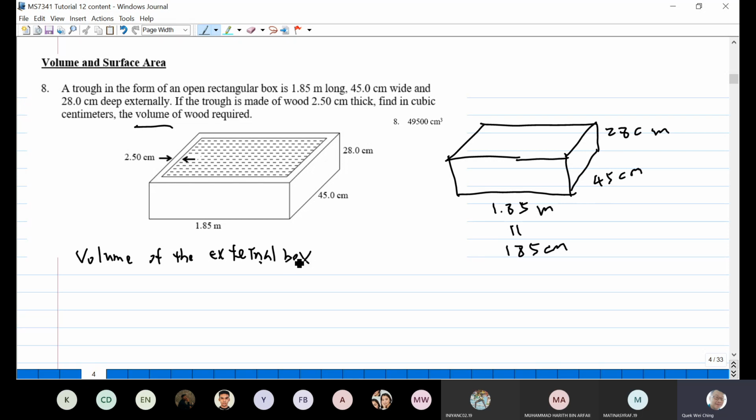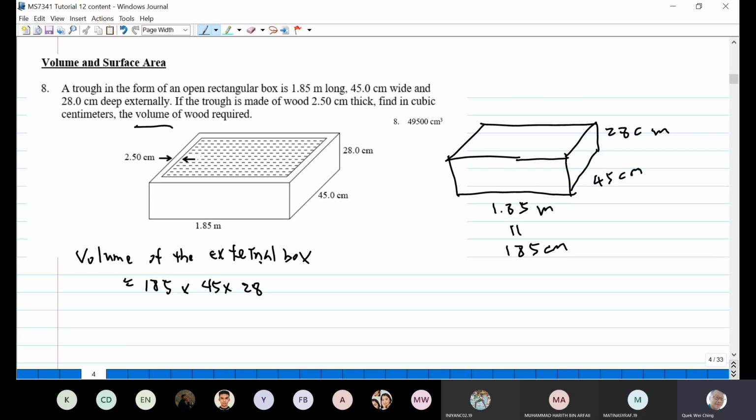So this one is 185 length times width 45 times height 28.